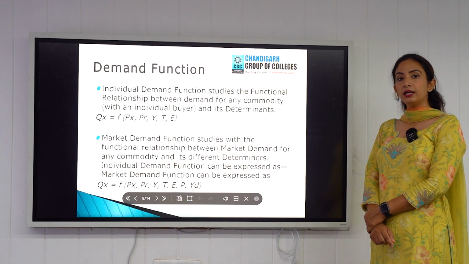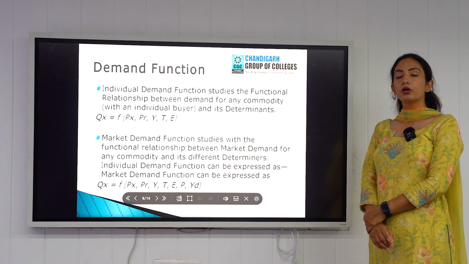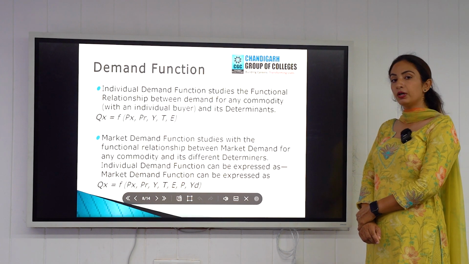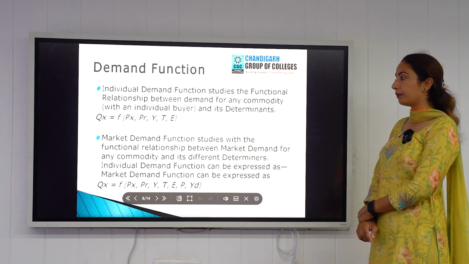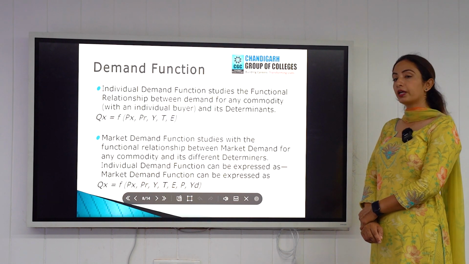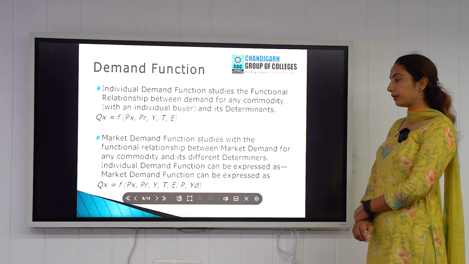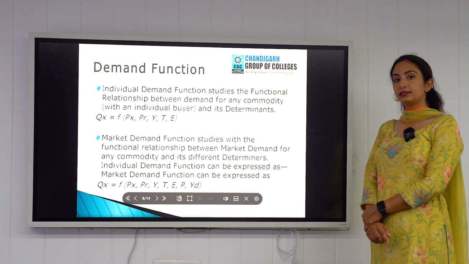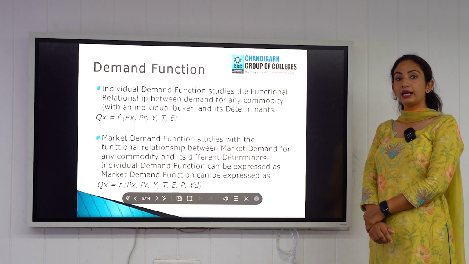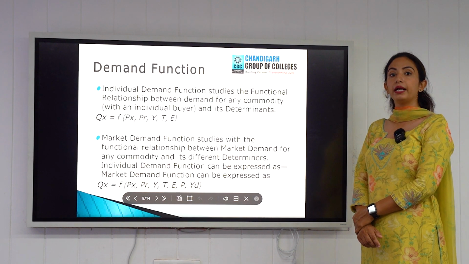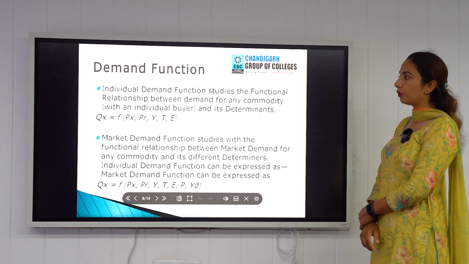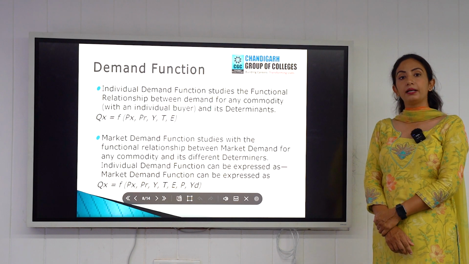So again, the quantity of commodity X equals a function of the determinants of market demand: price of commodity X, price of related goods, income of a particular consumer, tastes, expectations. P stands for the population here and Y stands for the distribution of income in general in the population. So there are two concepts, individual and market demand function.